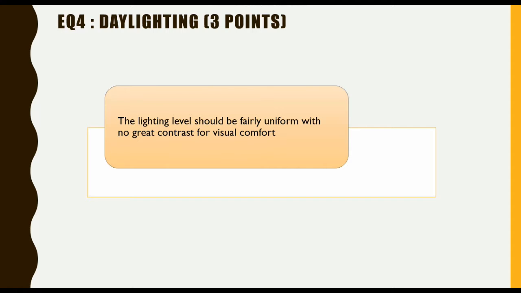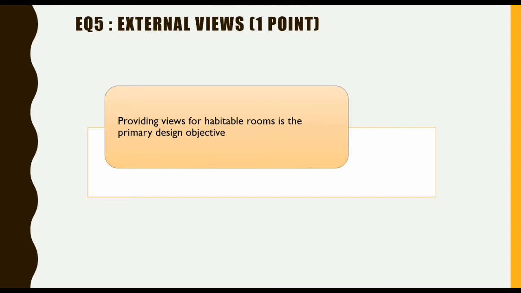For daylit space, the lighting level should be fairly uniform with no great contrast for visual comfort. For EQ5, external view, providing views for habitable rooms is the primary design objective.